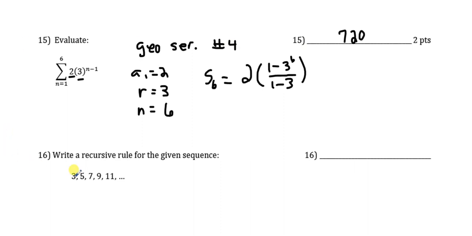All right, and the last one, and it's writing a recursive rule. So we're going to have to know what A1 is. And if you notice, all I'm doing is adding 2 every single time.